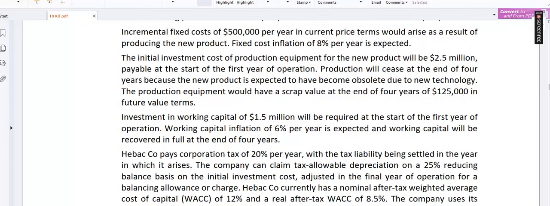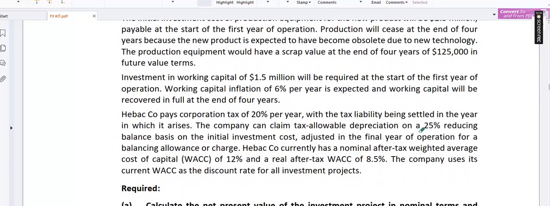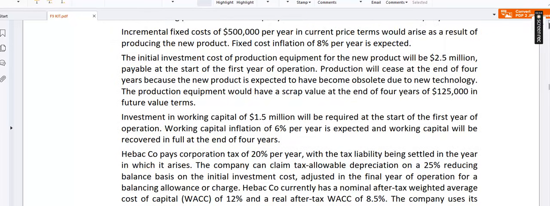Then the depreciation rate: tax rate is 20%, no change. The company can claim tax allowable depreciation on 25% reducing balance. So the cost of the asset is 2.5 million and depreciation is 25%.